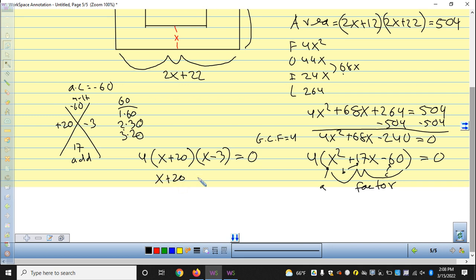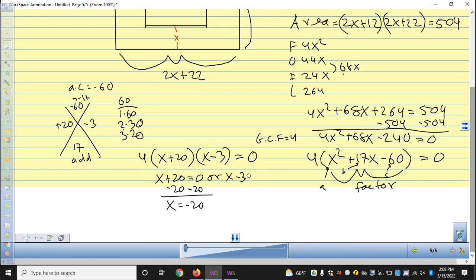X plus 20 equals 0, so I subtract 20, and I get x equals negative 20. Sorry, x minus 3 equals 0. Add 3, and I get x equals 3.